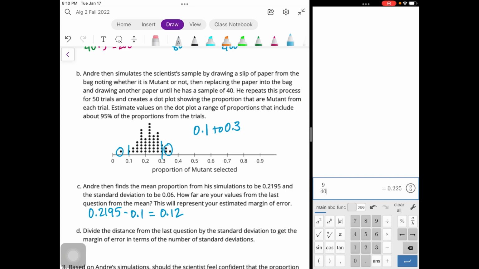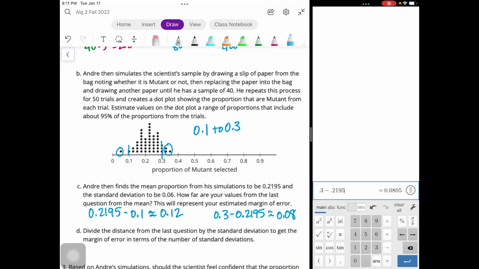And if we do 0.3 minus 0.2195, oh, sorry, that was 0.3. We get about 0.08, which is not quite 1 standard deviation away.